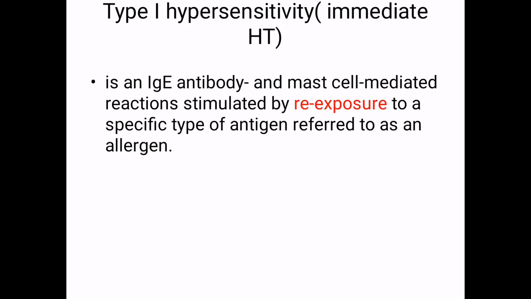So the first exposure to the allergen does not cause a visible reaction or harm, but upon second exposure it does.